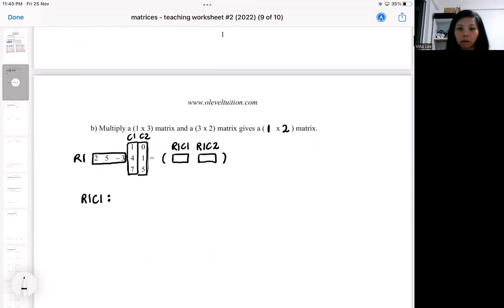So right now there are 3 numbers. So you take the first one, multiply by the first one. Second number, multiply by the second number. Third number, multiply by the third number. So there are 3 numbers for you to add up, 3 products.